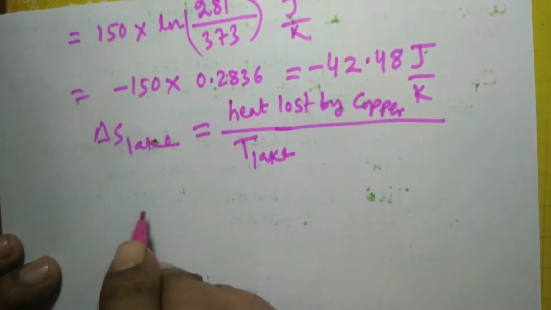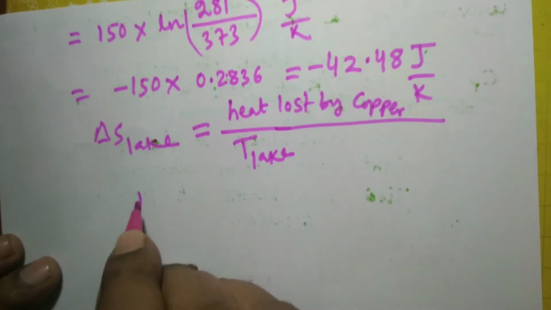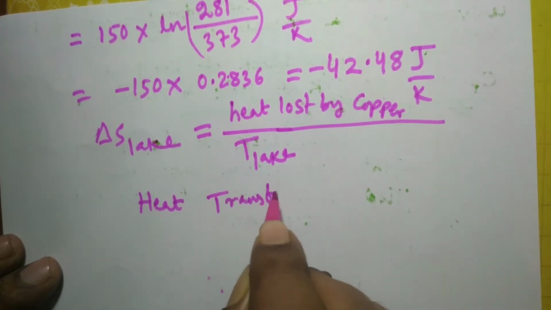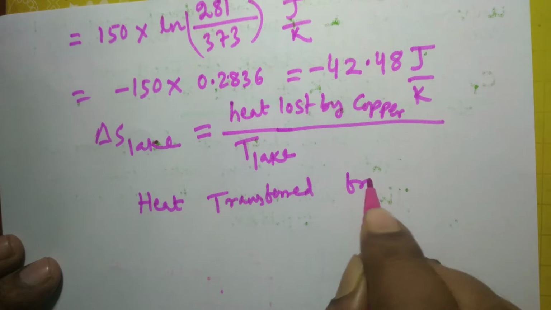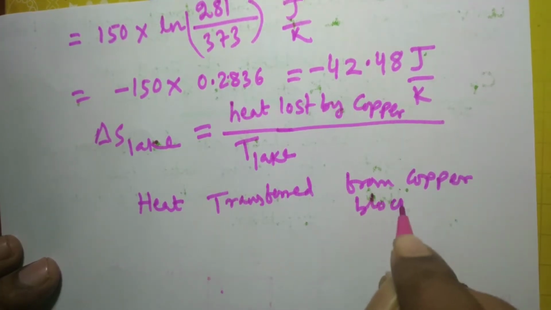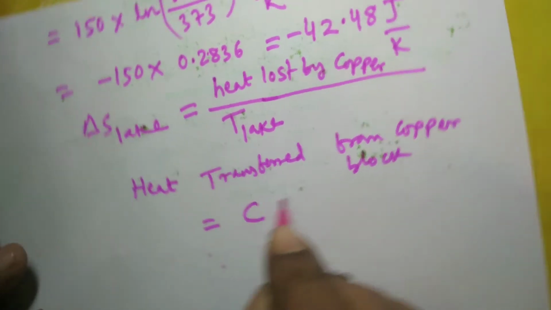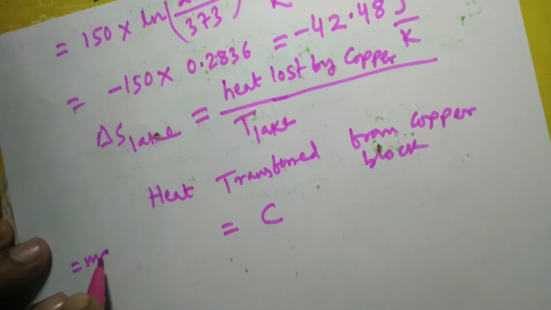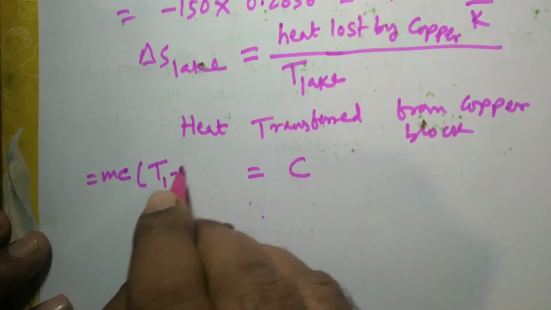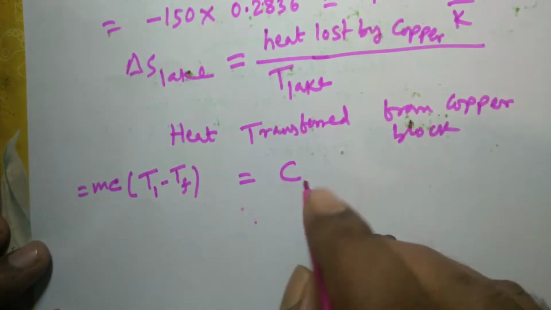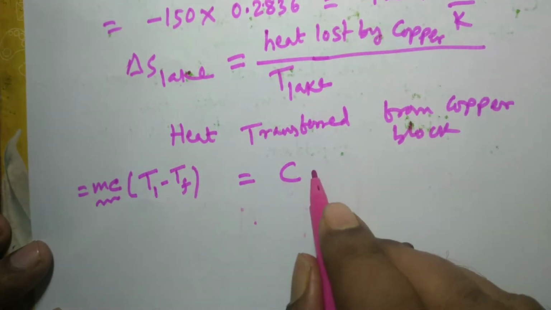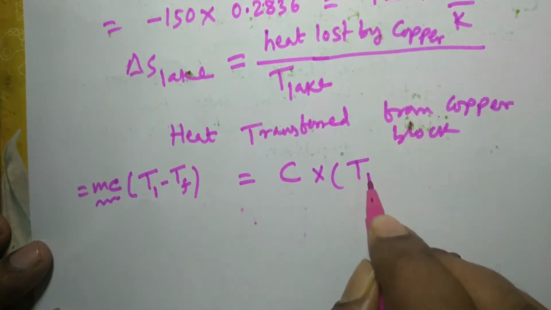So what is the heat lost by copper? The heat transferred from the copper block is equal to capital C, the product of mass and specific heat, times T1 minus Tf. In place of mc I can write capital C, the heat capacity, into T1 minus Tf.